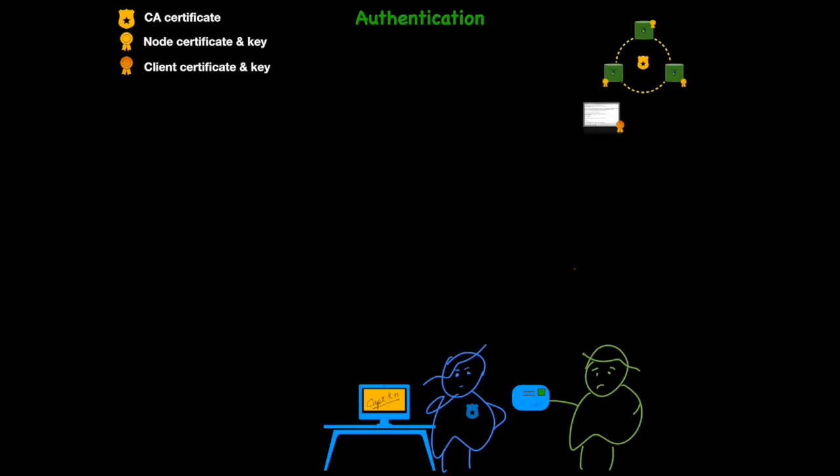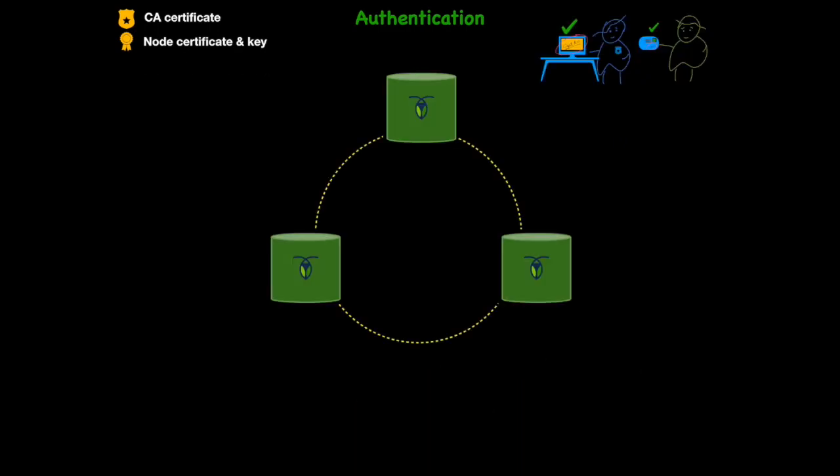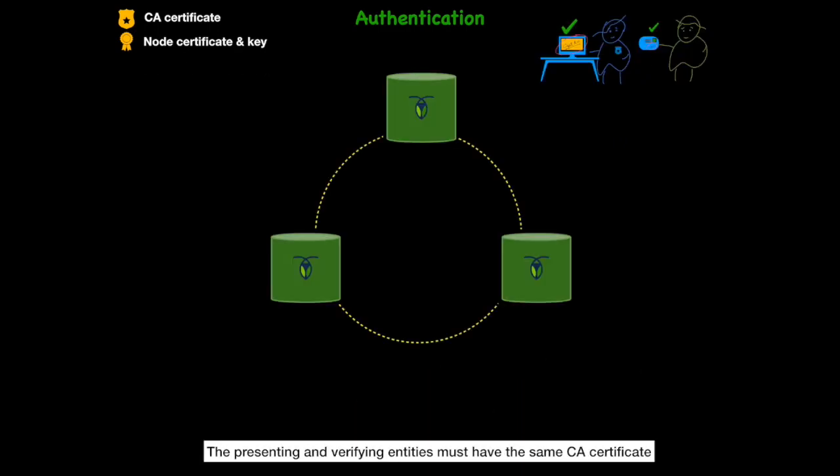The security guard uses the security officer's signature preloaded in their system to verify the signature on your card, and if they match, only then your identity is authenticated. So not only you, that is the card owner, needs the security officer's signature, but also the security guard needs the signature. In the digital certificate scenario, the presenting and verifying entities need to have the same CA certificate.